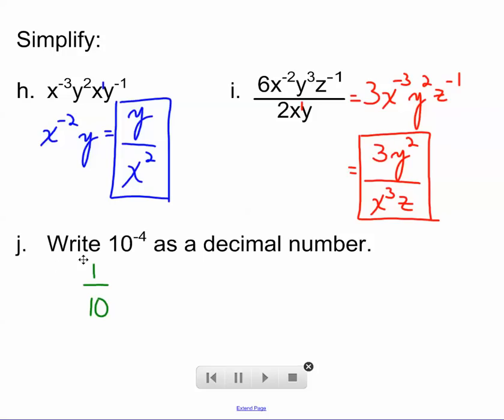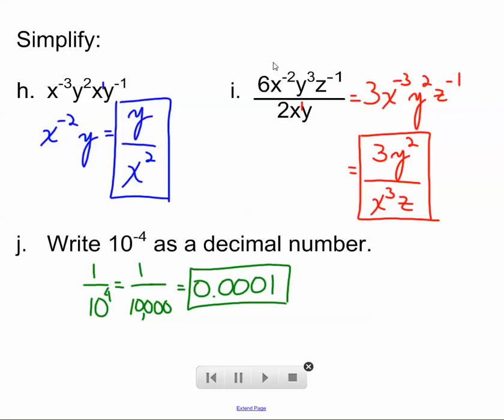And on j, we're going to write 10 to the negative fourth as a decimal number. Well, first of all, 10 to the negative fourth is 1 over 10 to the fourth. That is 1/10,000th. The 10,000th place: that's the 10th place, 100th place, 1000th place, 10,000th place. What you're going to notice here, if we look at it kind of like scientific notation, that's where we're going with this next.